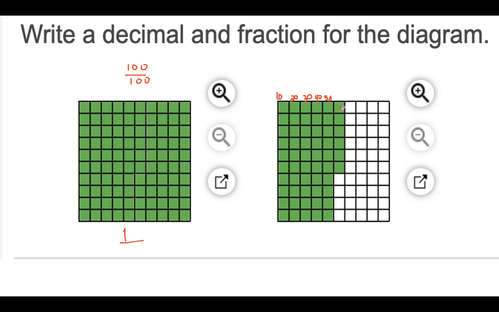And then I have 1, 2, 3, 4, 5, 6. So I have 100, and then I have 56 over 100 because I have a second whole. So my fraction would be 1 and 56 hundredths. Sorry, it's a little sloppy.